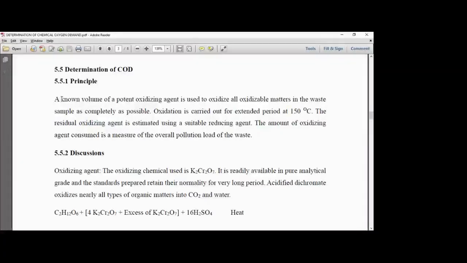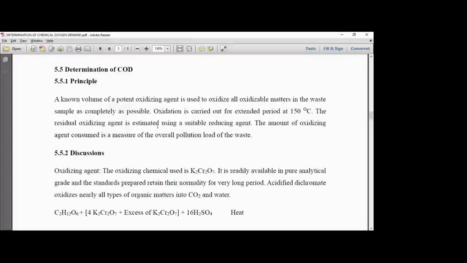So out of the 10 ml of K2Cr2O7 that I have added, how much is utilized? How will I find that out? I will find it out with the help of a suitable reducing agent, and the suitable reducing agent here is ferrous ammonium sulfate, right? Ferrous ammonium sulfate is going to act as a titrant, right?